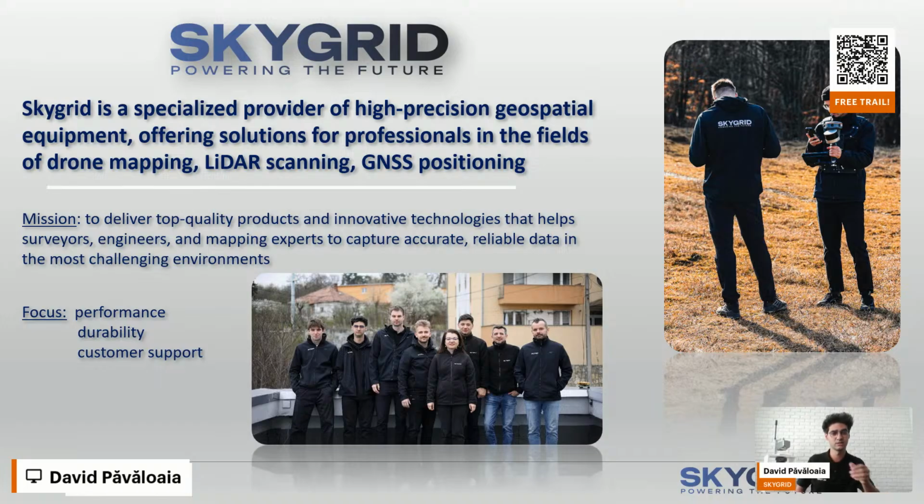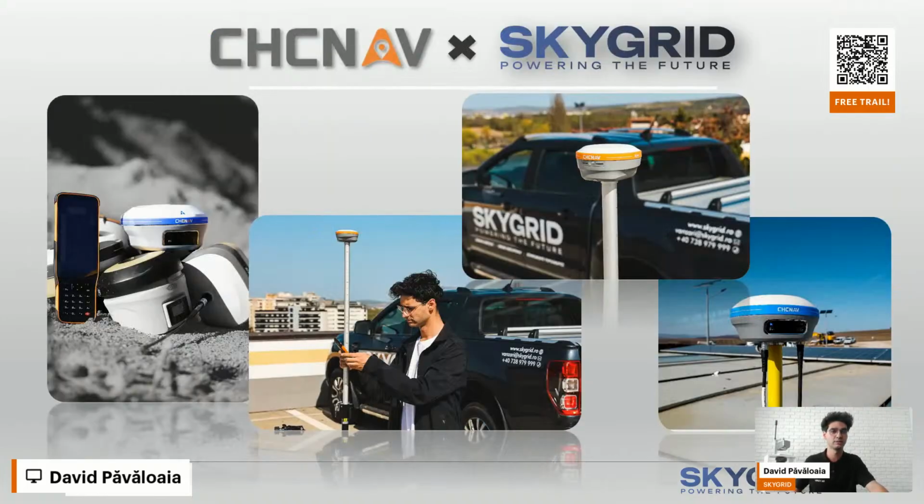As Claire said in the first part of our webinar, since 2020, we have been the official dealer of CHC Navigation, expanding our portfolio with innovative mapping and surveying tools like GNSS solutions that are designed to be smart, super user-friendly, and also reliable and efficient.